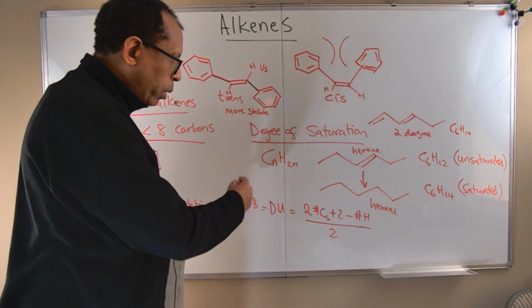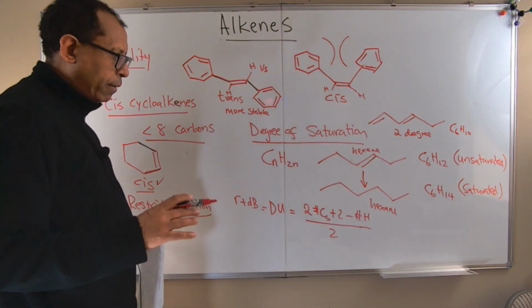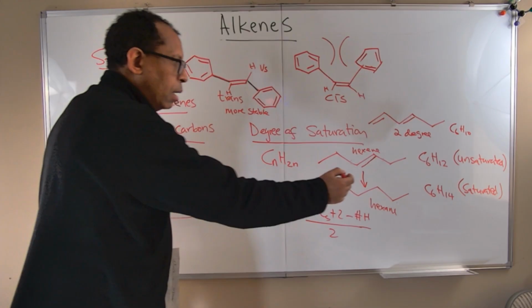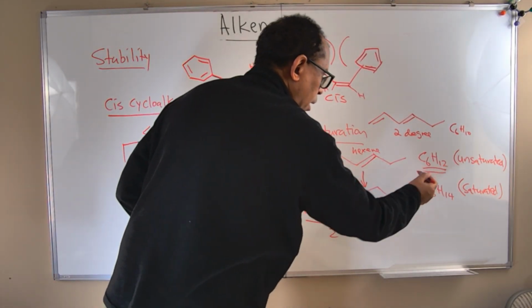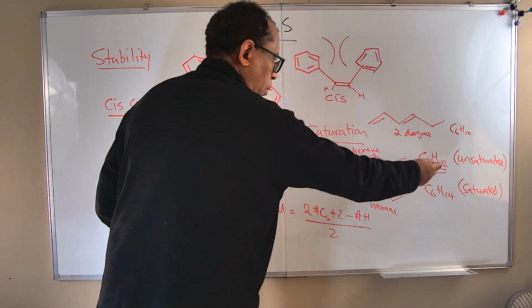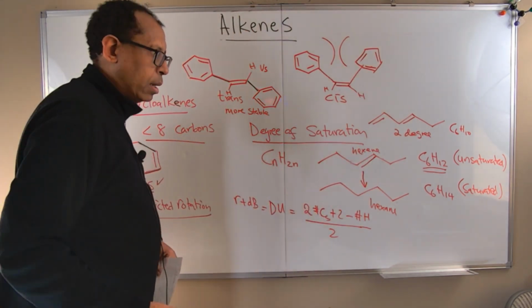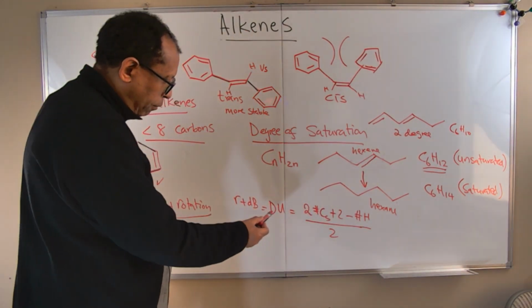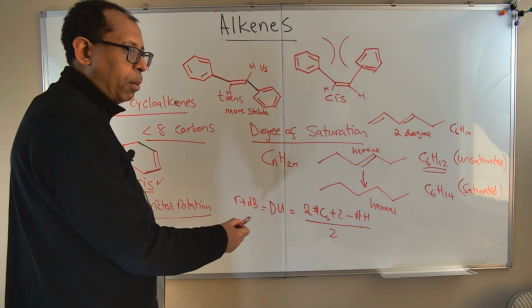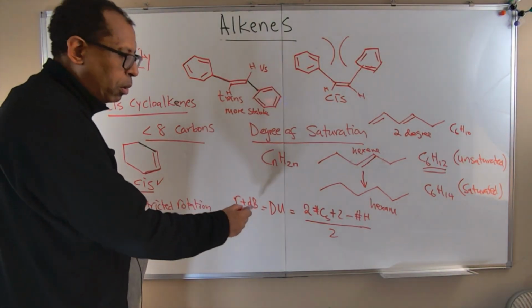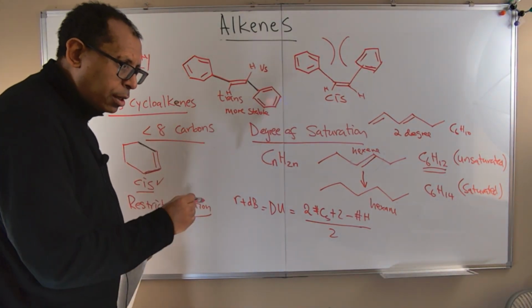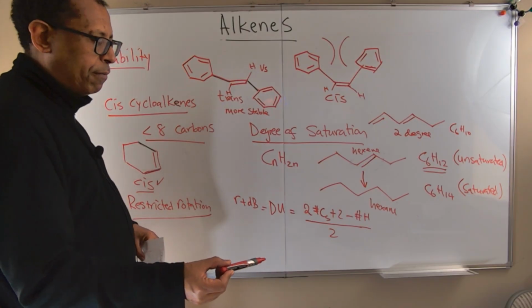In general, we can calculate the degree of unsaturation if we are given a formula like this. For example, for C6H12, the degree of unsaturation is 1. That means the formula has one ring or double bond. So this formula tells you how many rings or double bonds you have.